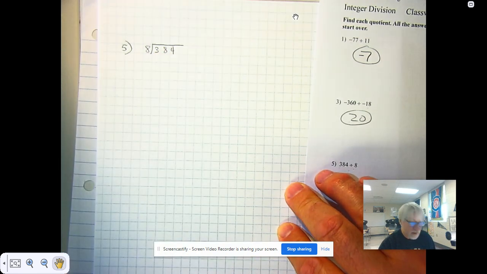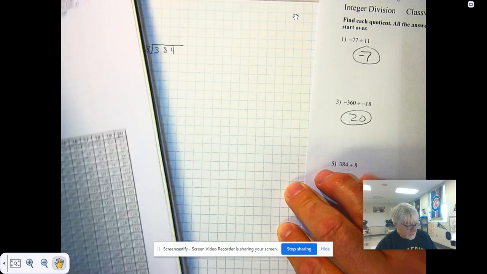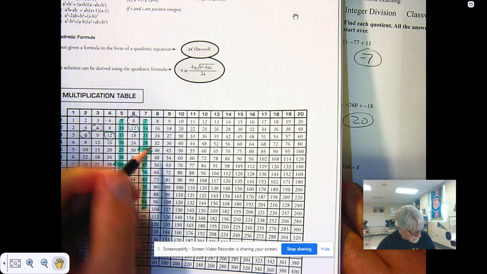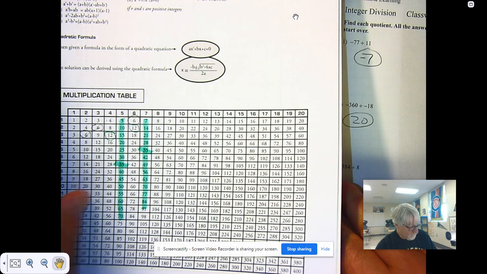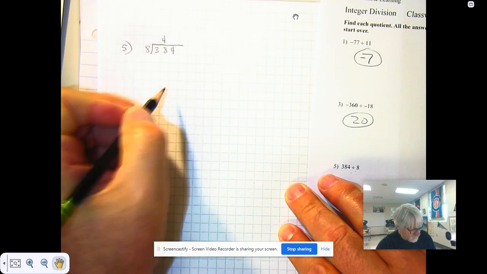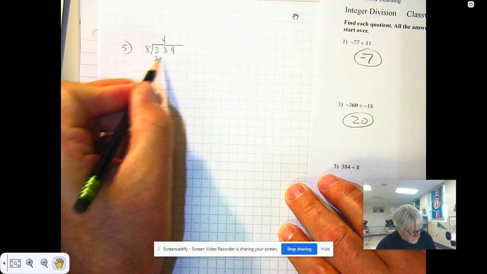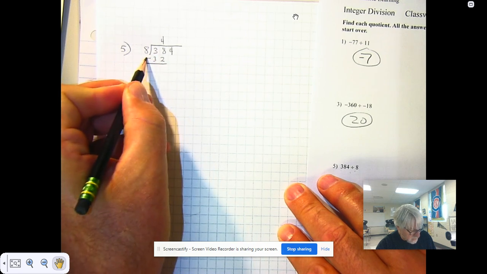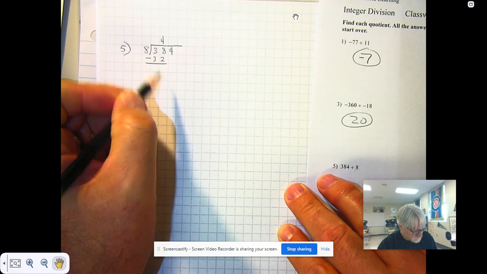The biggest number under 8 that is less than 38 is 32. 8 times 4 is 32. So I'm going to put the 4 over the 8 in 38. 8 times 4, 32 under the 38. Subtract there. And notice that each number has its own box.